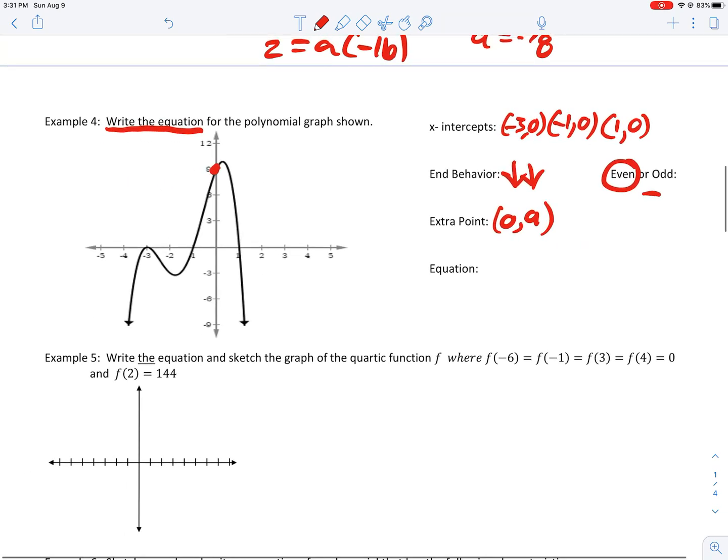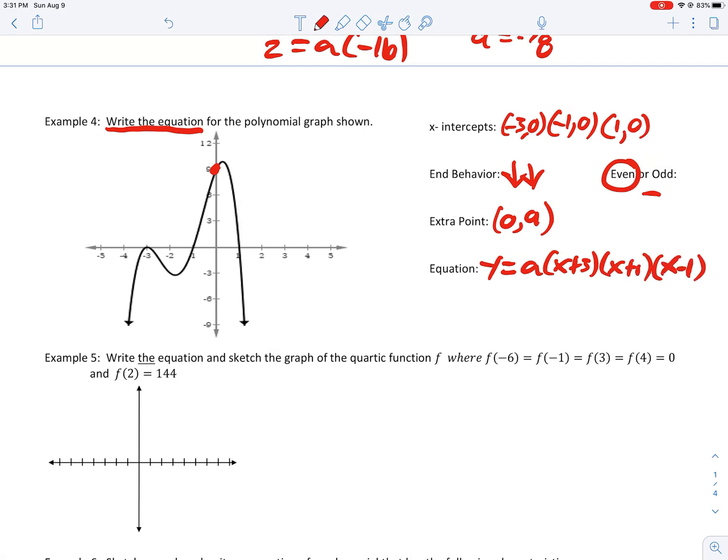So right now my equation looks like y equals a times x plus 3 times x plus 1 times x minus 1. Double check my x-intercepts, right? I notice at negative 3 it bounces, so this has got to be squared. It's got to have even multiplicity.